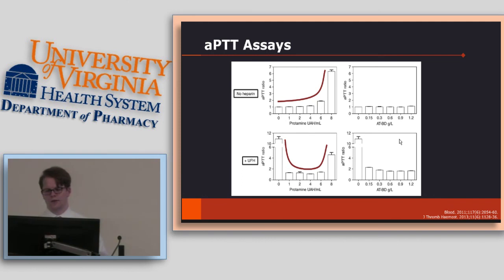With ATBD, there is no rise in APTT at any concentration, so you don't have to worry about the anticoagulant effect. So similar to Praxbind, where you have a high affinity for the drug molecule, you have complete abolishment of activity, which allows for safer dosing with patients that need emergent reversal.